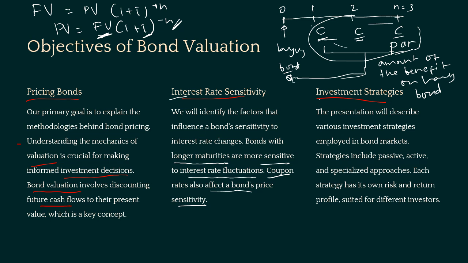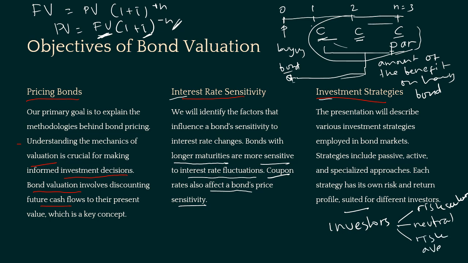Okay, and the third one is investment strategies. These strategies include passive, selective and specialized approaches. Each strategy has its own risk and return profile, and should be suited to different investors. Like we know that investors have three kinds of types: the risk seeker, neutral, and the risk averse.